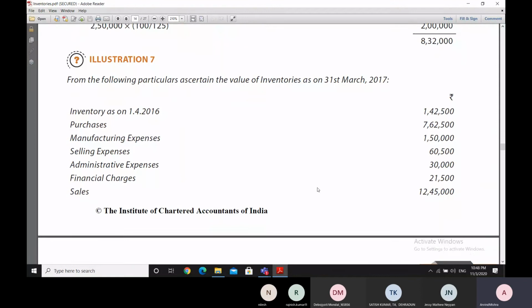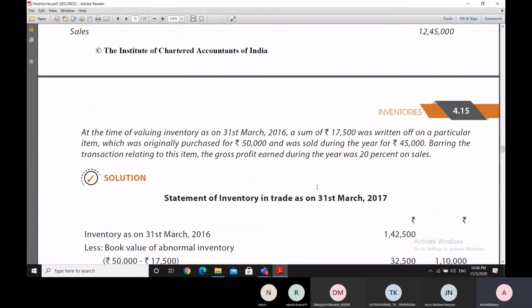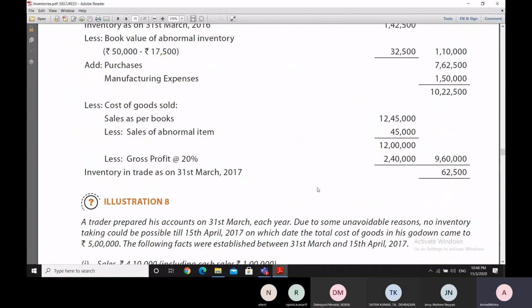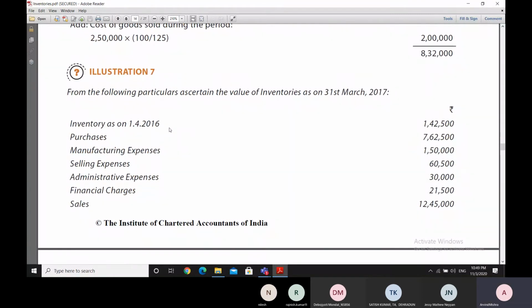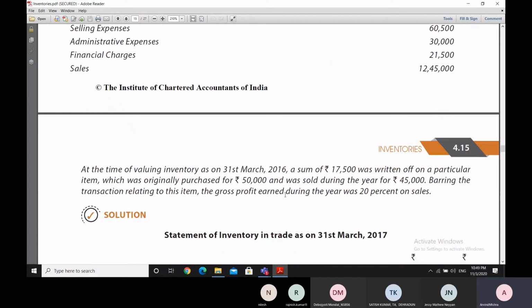Now we look at one more illustration, illustration 7, because it will give us an idea of what is happening here. We are given certain particulars of the inventory, purchases, manufacturing expenses, selling expenses, administrative expenses, financial charges, and sales. At the time of valuing the inventory as on 31st March, a sum of 17,500 was written off on a particular item which was originally purchased for 50,000, and it was sold during the year for 45,000.